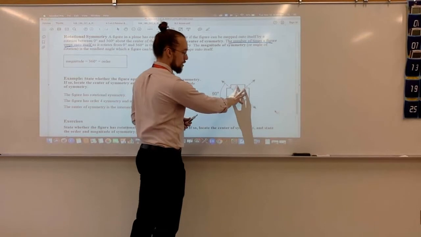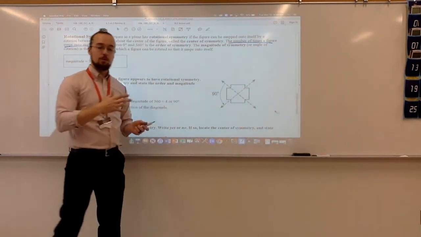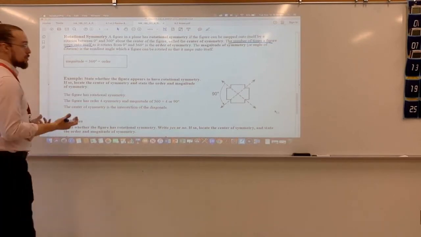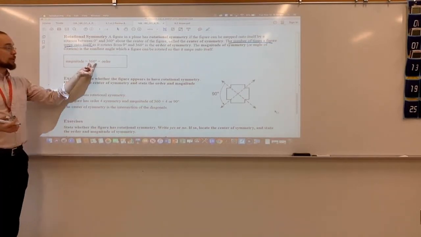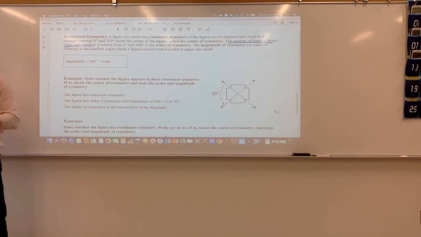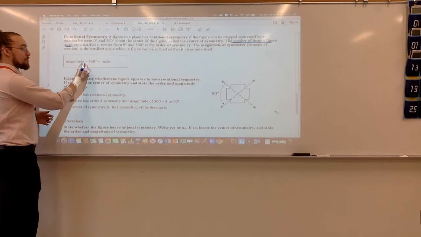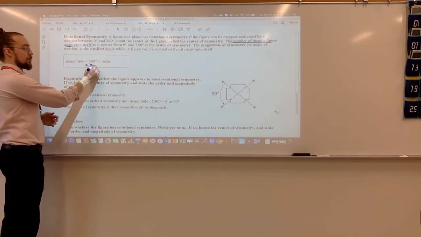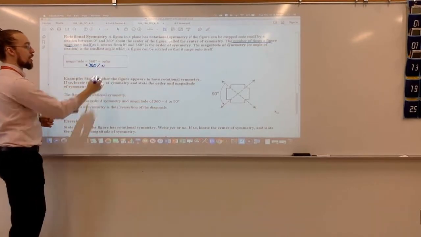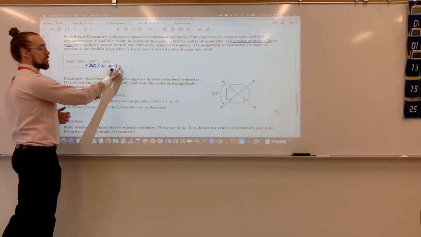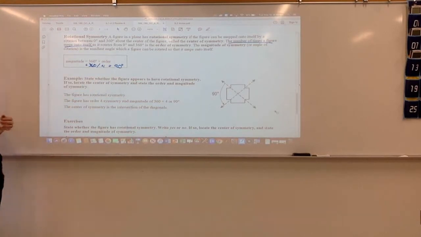If I rotate it 4 different times, I'll get it to map on top of itself. To find the magnitude, we just take 360 degrees divided by the order. So here, the magnitude is 360 divided by the order of 4, so the magnitude is 90 degrees. We say this figure has 90-degree rotational symmetry.